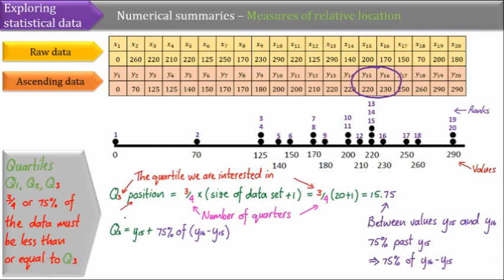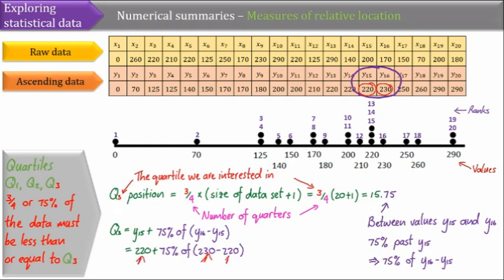So the first one was the position, and now we calculate the actual value. So we'll take whatever Y15 is because of this position, and then we will take 75% of the difference between Y16 and Y15, and that is where the 75% comes from. So looking at the values that we have, Y15 is 220, Y16 is 230, so we'll substitute 220 in here.